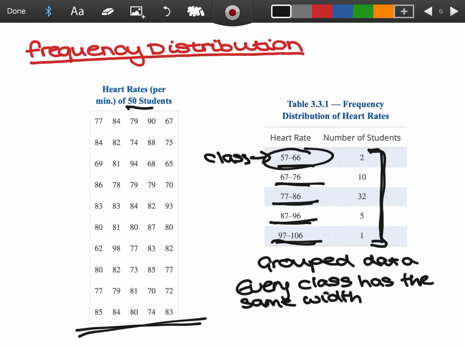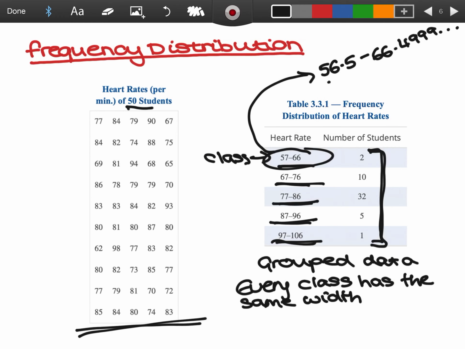Okay. But when you find the width of a class, make sure you remember to include the decimal values that round to the endpoints. Okay, so this class here could actually be anywhere between 56.5 through to technically 66.49 recurring.